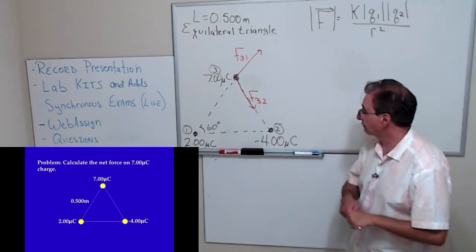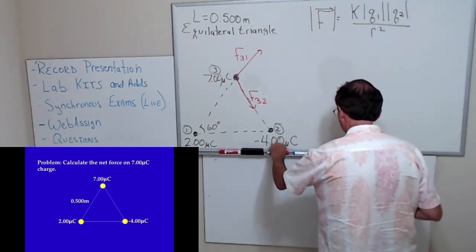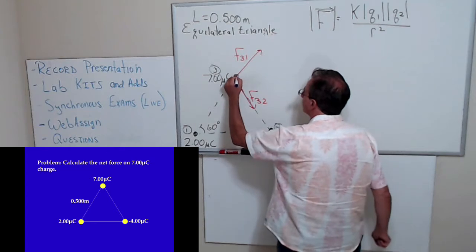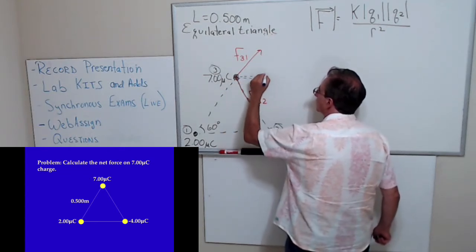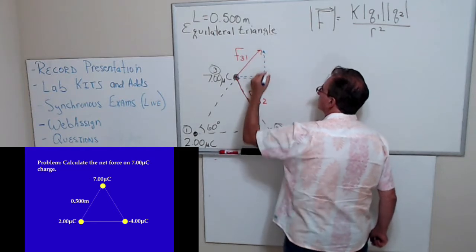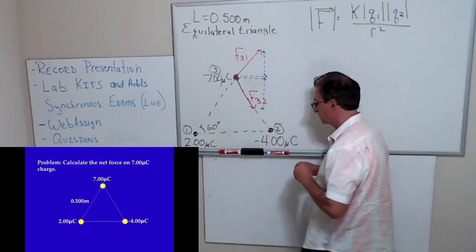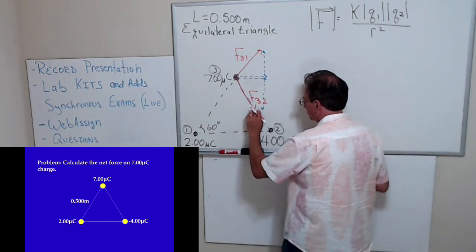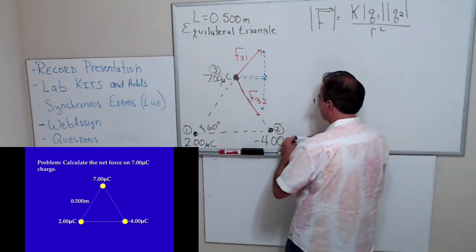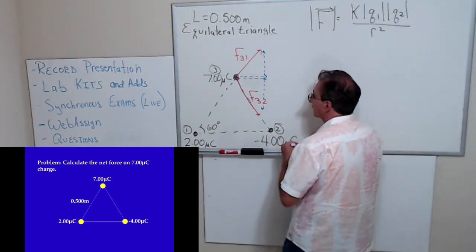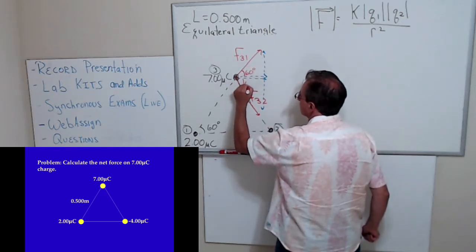Then I can resolve the forces into their x and y components. So both of them are going to have a component in the forward direction. One's going to have an upward component, and one of them is going to have a downward component. Let me extend this line. From geometry, this angle is 60 degrees.